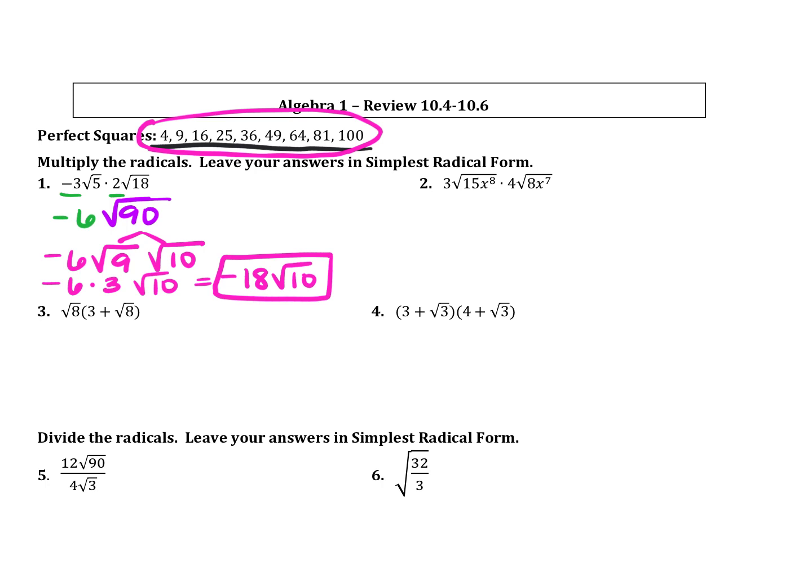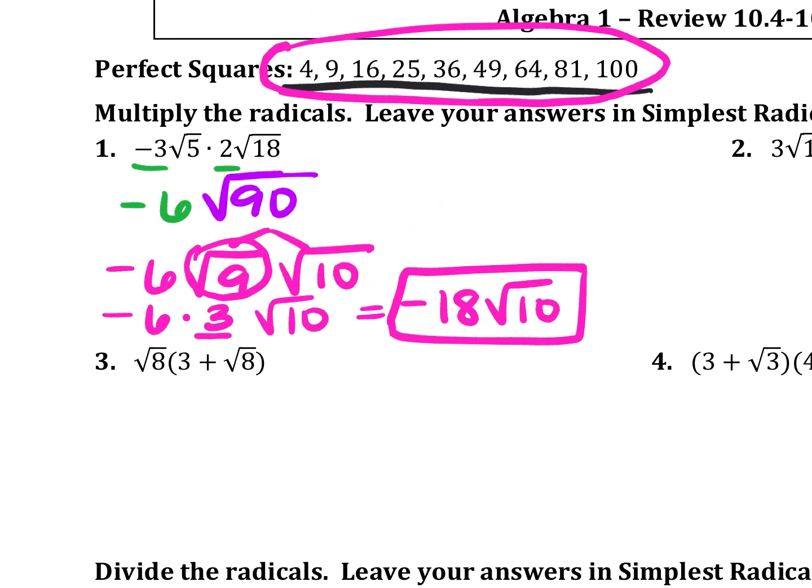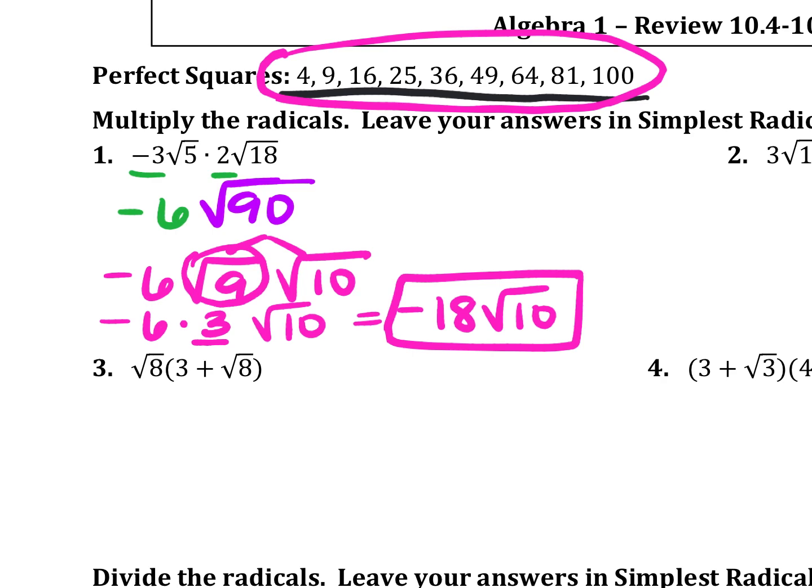Any questions on that? I just took the square root of 9, and that equals 3. So whatever the perfect square is should break down to just a whole number. Are you good?